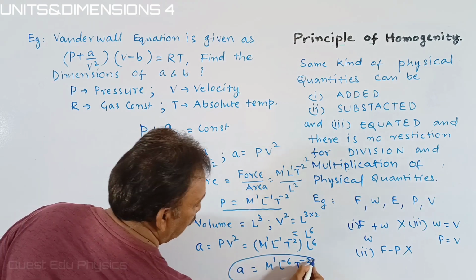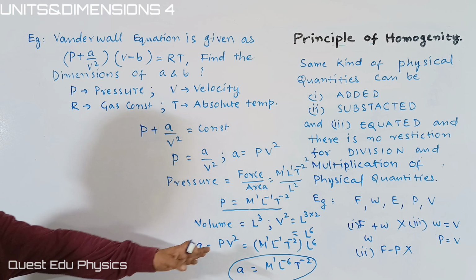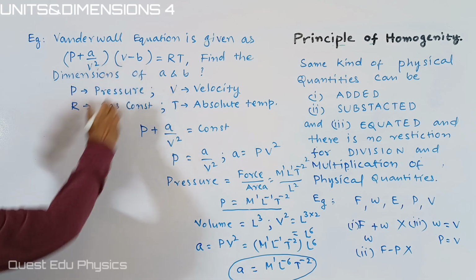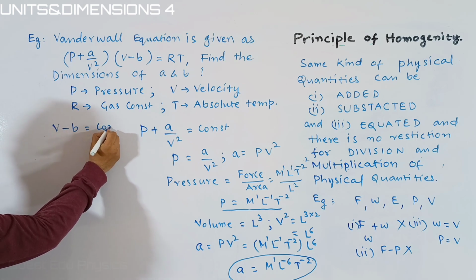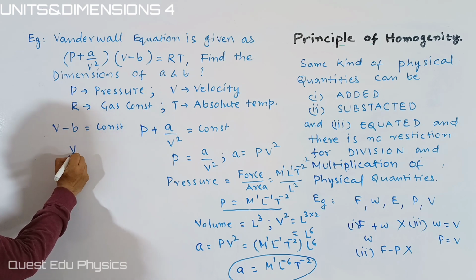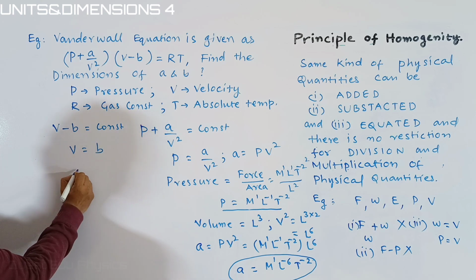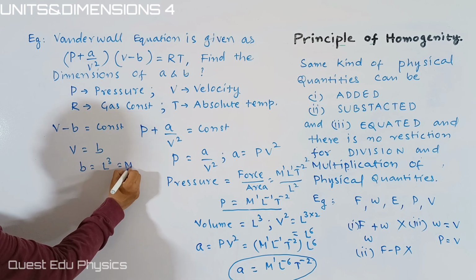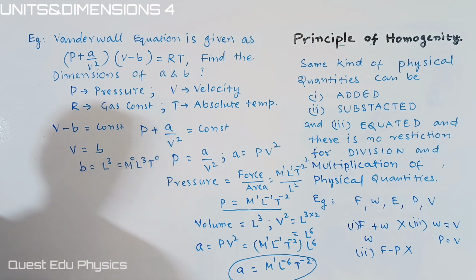For the second part, V minus B is equal to a constant, so V is equal to B. Volume is L³, so B is M⁰L³T⁰.